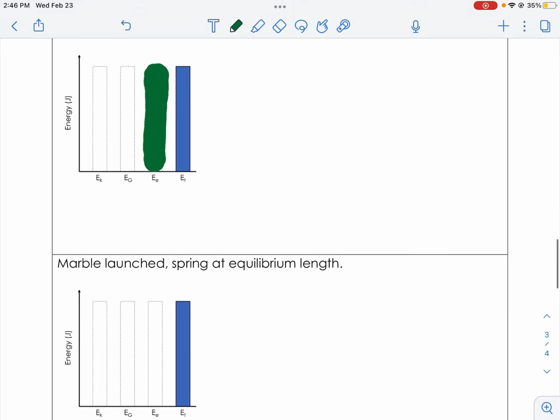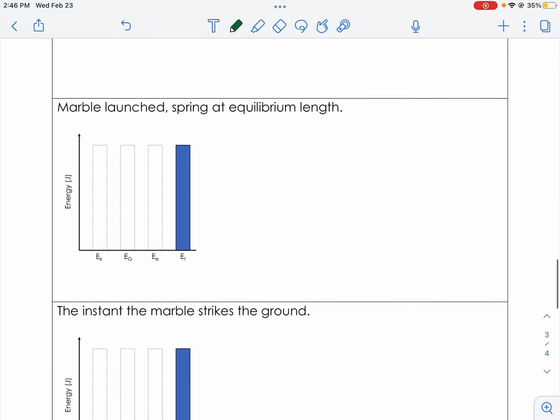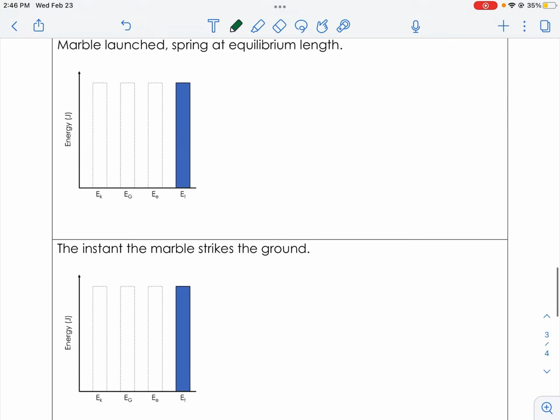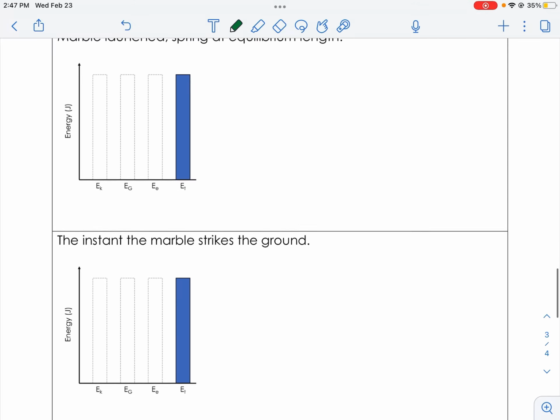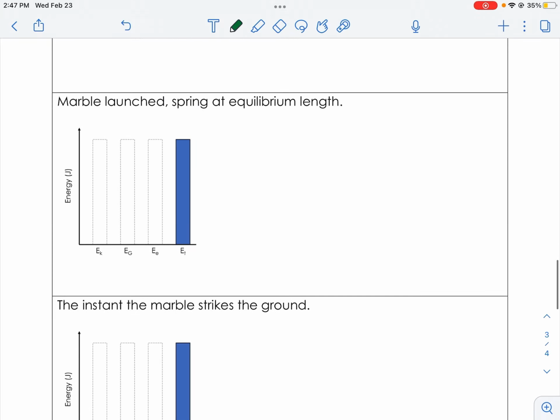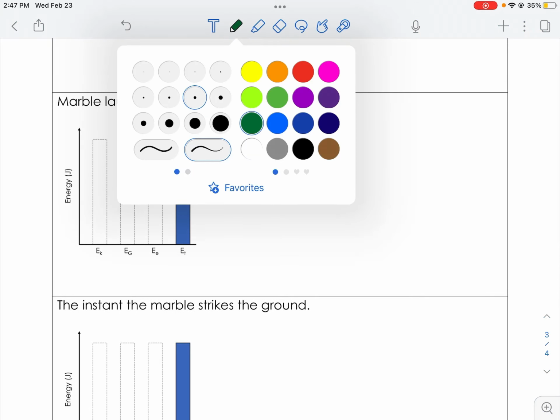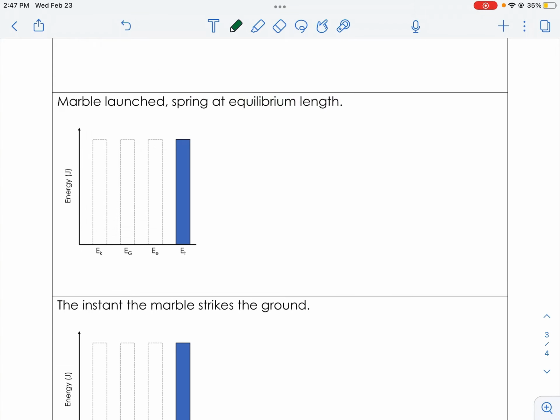Okay, after the marble is launched, when the spring is at equilibrium length, it's going to have a small amount of gravitational potential energy because it's on the table, which is above the ground.